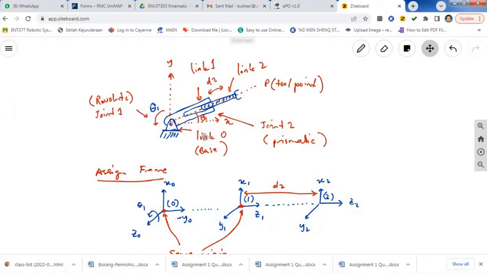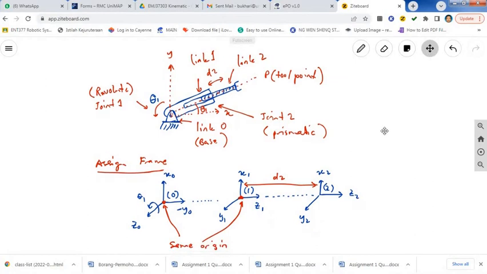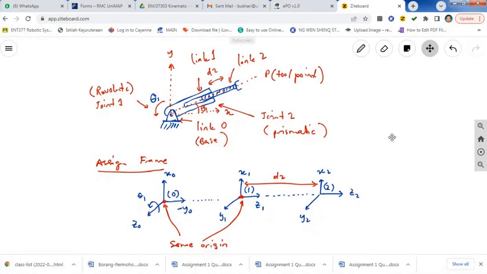This is the base, link 0. Link 0, link 1, link 2. Okay, you can screenshot this. Is it readable or not? Can read? Okay, you can screenshot.